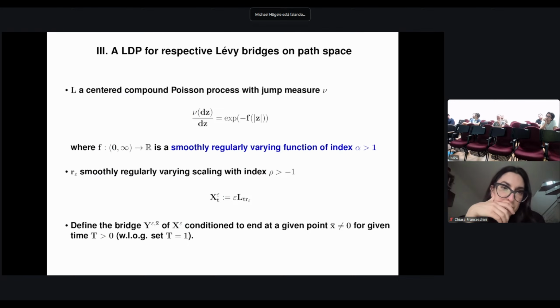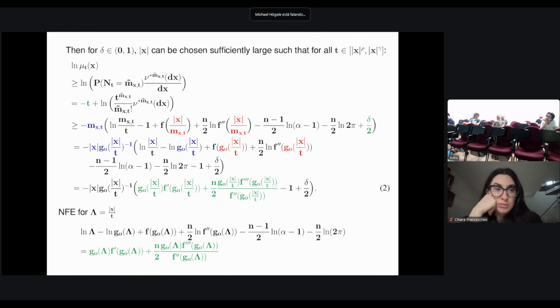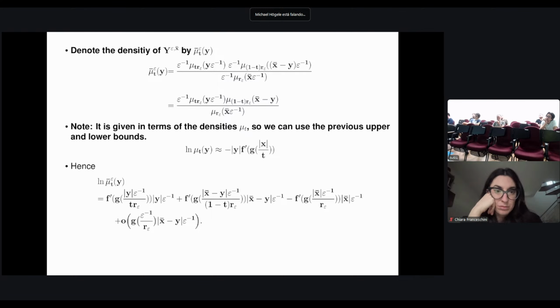Okay, then we can write down, this was the estimate for the Compan-Poisson process, and then we can write down the heuristics for the LDP. So if you do this, we have here the densities. The densities of the bridge are very well known.